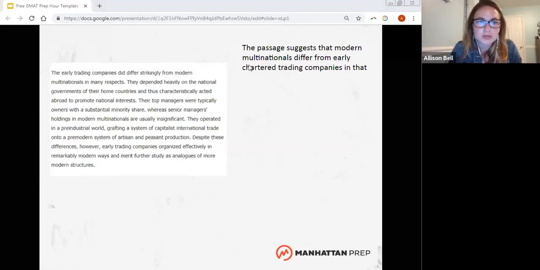Okay, I'm seeing some great answers. So I basically see there's 3 sentences, so there's 3 directions this answer could go. It could talk about the dependence on the national government. It could talk about the difference in the top managers and their holdings. It could talk about this idea of operating in a pre-industrial world. So that's what I'm going to keep my eyes open for when I look at the answers.